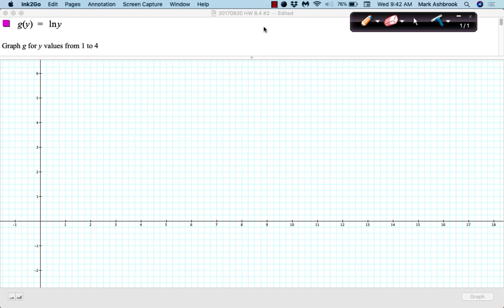So if I wanted to graph g for y values from 1 to 4, how will I do that? How am I going to graph the function g for y values from 1 to 4? In this case, I want the independent variable on the vertical axis, so that we still are thinking y and x.